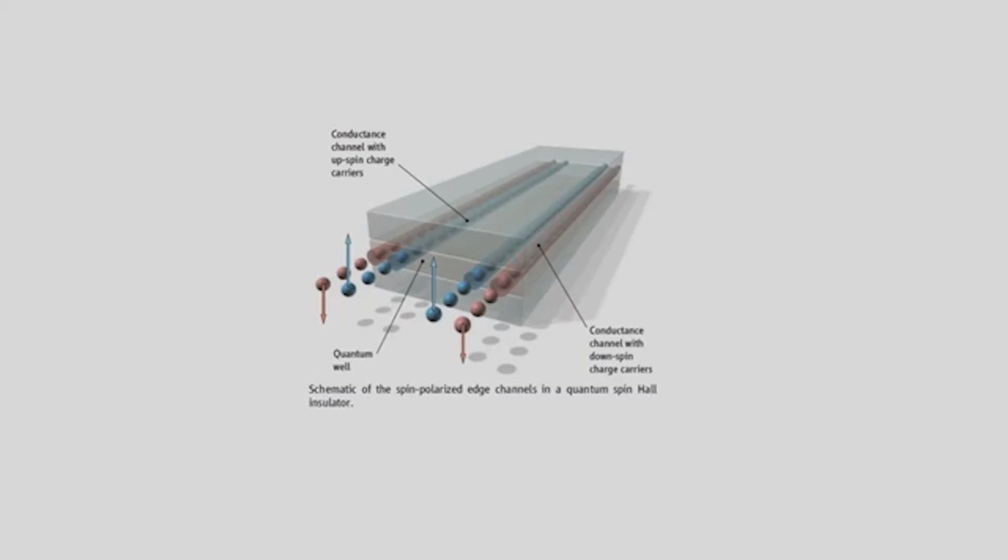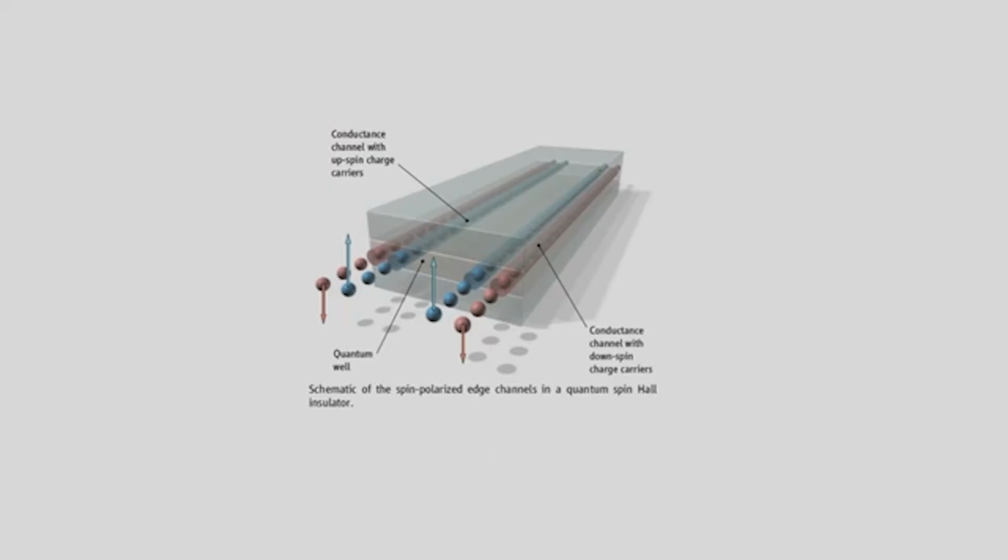So, you see that this shaded region is a sample, formed by, as it says, some quantum well, and the conductance channel for the downspin charge carriers is shown by the red. You see that the red denotes a downspin and the blue denotes an upspin.